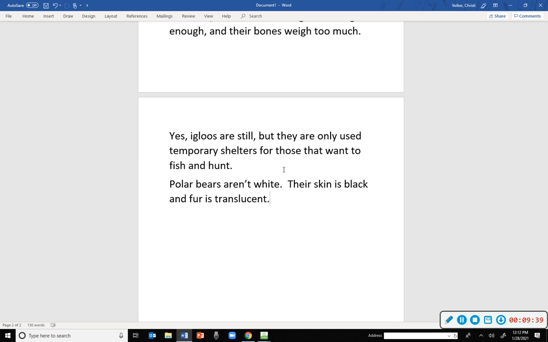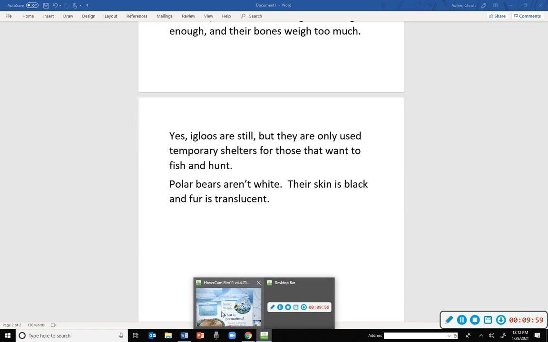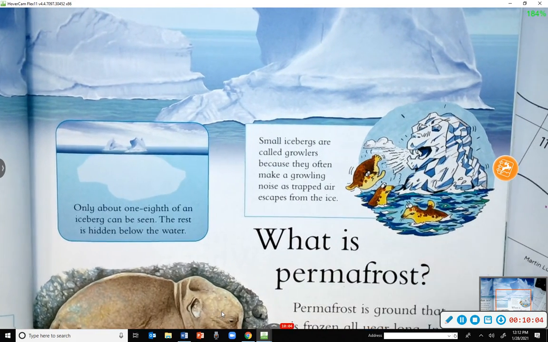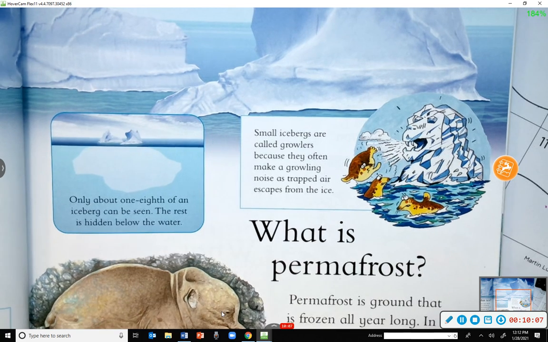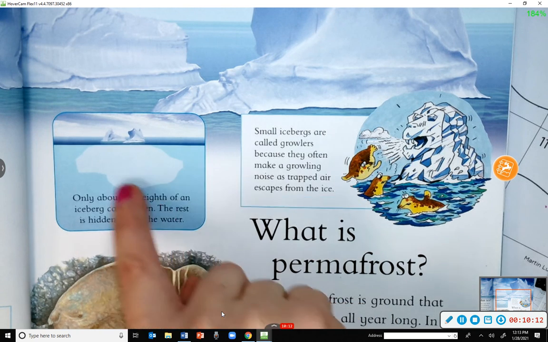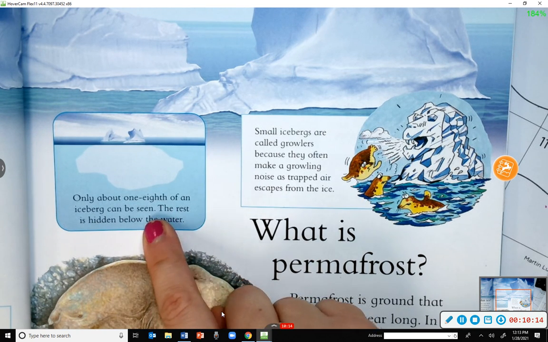Number 9. Explain how using text features can help you become a better nonfiction reader. What is a text feature you observed in the book? First, let's do what's a text feature you have observed in the book. Y'all want to look back at the book real quick? Okay. What are these big bolded words? Those are headings. These are just pictures with, what do we call the little part underneath a picture?